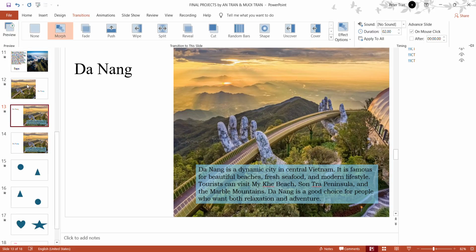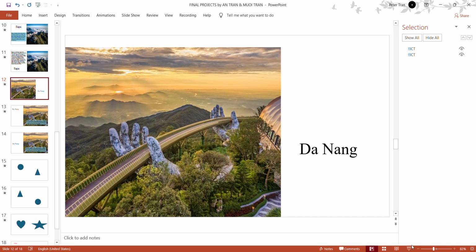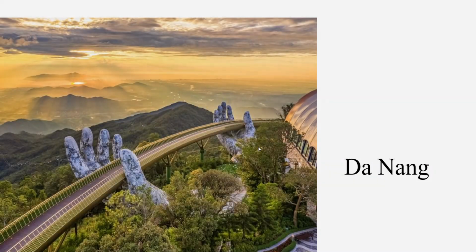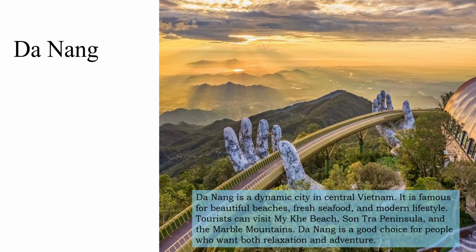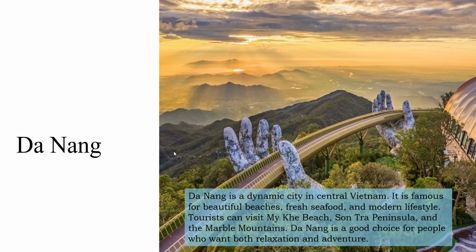Let's see what happened. So here's the first slide. When you run it, it will be like a picture and a text box. Now you move to the next slide. There you go. The transition is so smooth. The text box will move to the left, the picture to the right, and you can also see a text box right here. Okay.